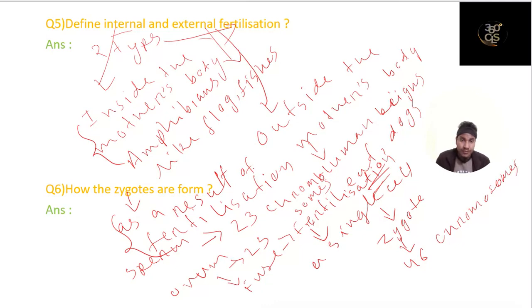So from the male part 23 chromosomes, and from the female part 23 chromosomes. Total is 46 chromosomes. So our zygote contains 46 chromosomes, which is a full body's chromosomes. So in this way zygotes are formed. So this is very important.